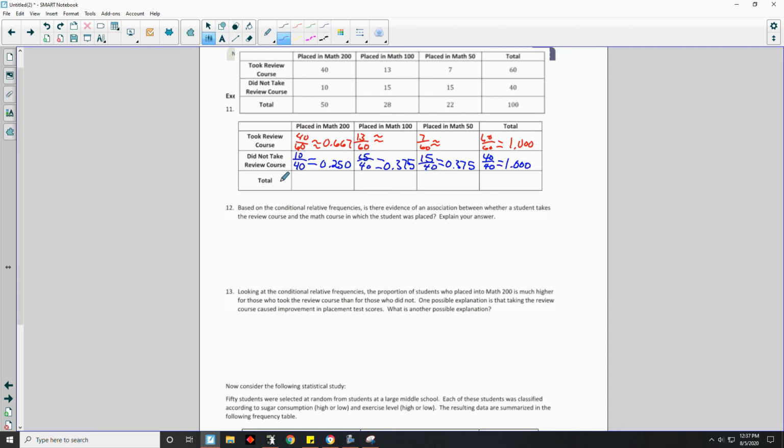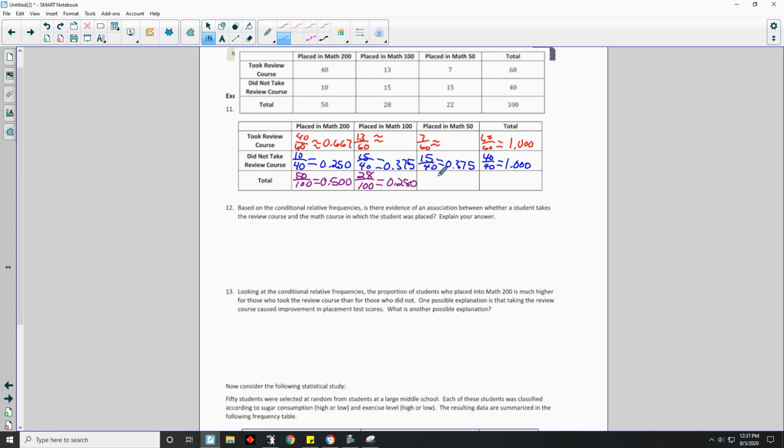Okay, now we do the total. 50 out of 100, which equals 0.500. 28 out of 100. Well, that's 28 100ths, so there's not even a need to use the calculator here. 28 100ths is 0.280.